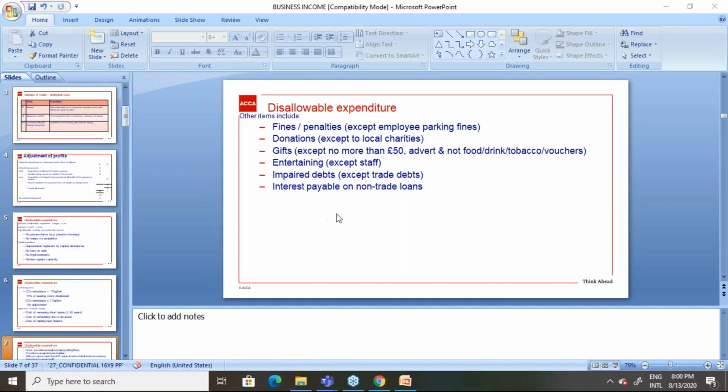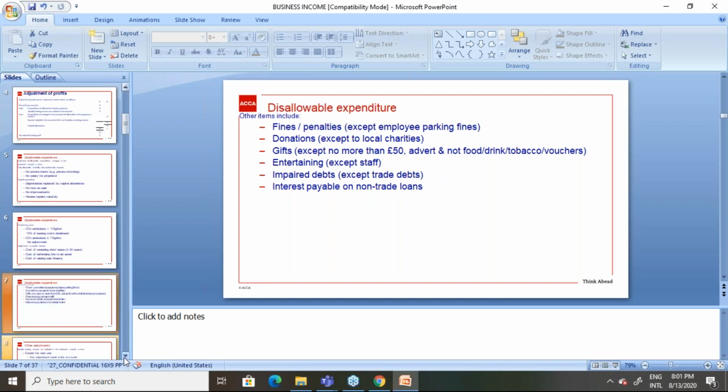If you have written off a bad debt with regard to trade, then it's an allowable expenditure. But if you have written off a non-trade debt, then it's not an allowable expenditure. Then interest payable, if you have obtained a loan for the purpose of trading, that interest is allowable. But if you have obtained the loan for non-trading purposes to buy some kind of an investment asset, then it is not an allowable expenditure.